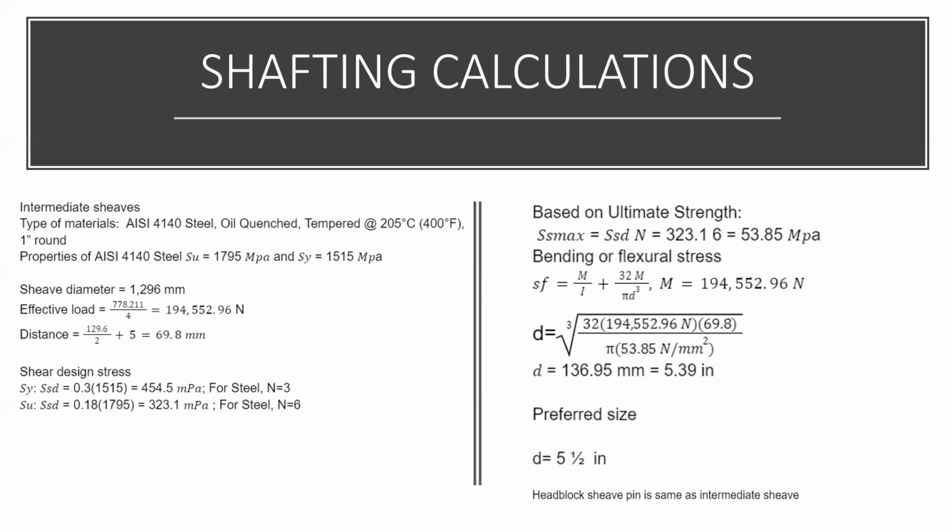Doing a calculation on the shear design stress, we would have a yield strength at 454.5 MPa, which has a factor of safety of 3, and the shear design stress based on ultimate strength is 323.1 MPa.